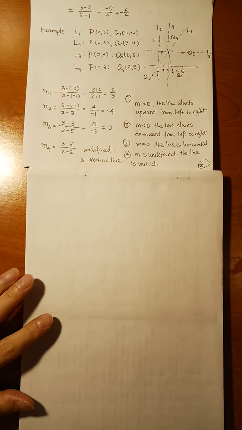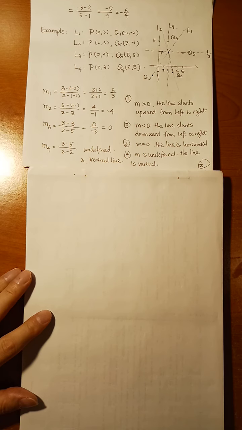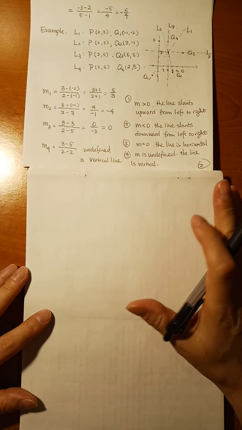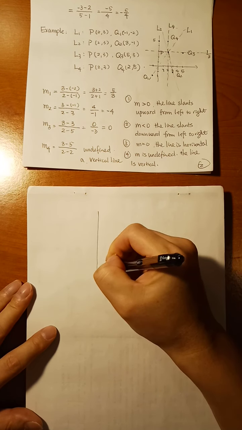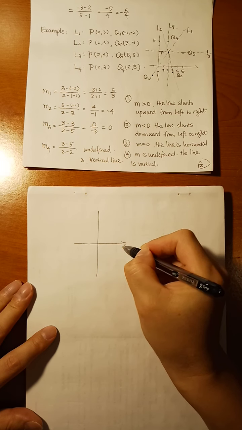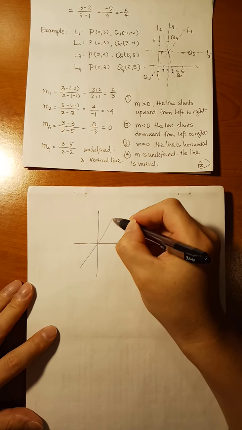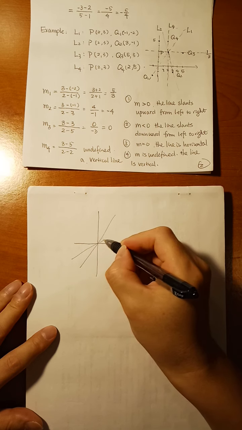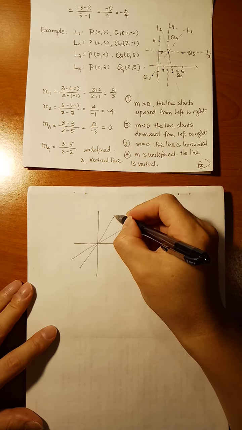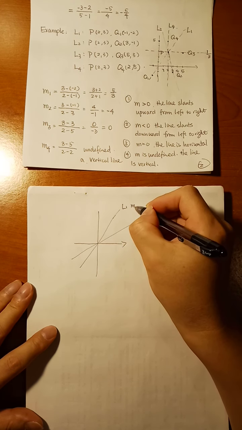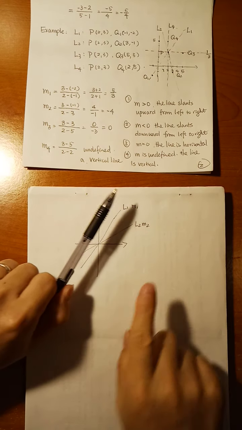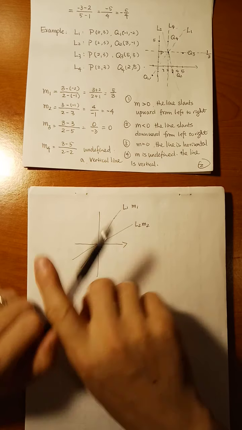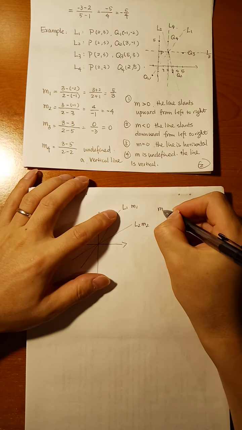Also, if we carefully use a calculator and graphing equipment to sketch it, you will see that for those two lines, because they both slant upward, M1 and M2 are both positive.